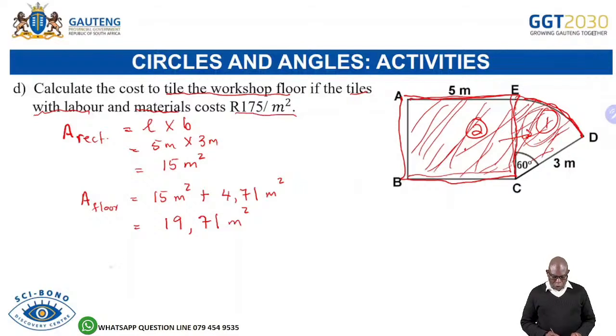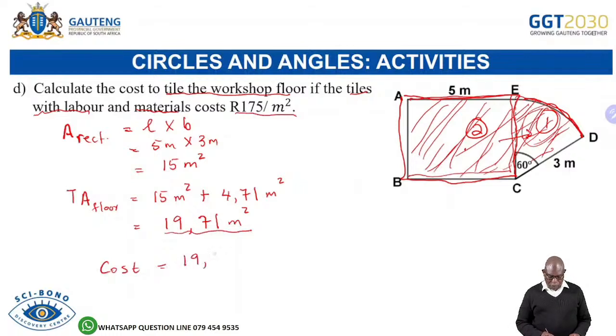So for me to get the cost of tiling that whole thing, what do I need? I need the total area of the floor. I must multiply it with the cost per square meter, because this one is square meters. So the cost is 175 per square meter. So remember, this is meter squared and this one is per square meter.